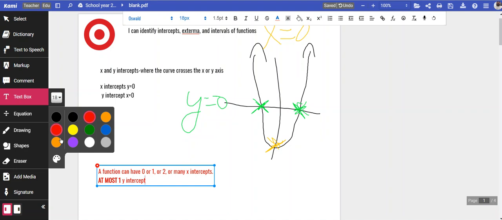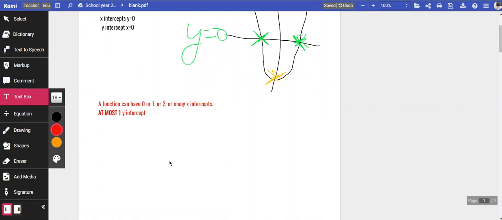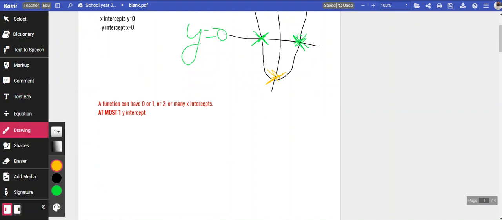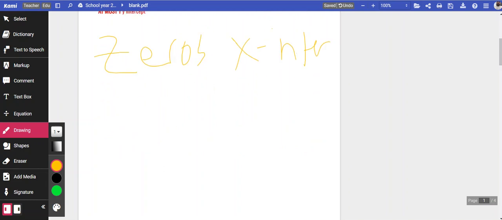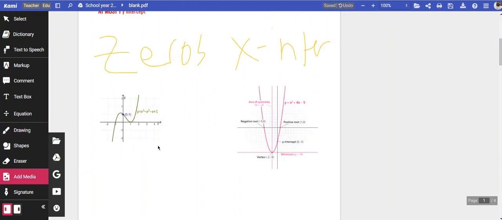Ideally, you want to think about some other things they talk about. When they talk about zeros of a function, that is the same as x-intercepts because the value is 0 when you do that. A nice thing about that is you can look at curves and they will show you the zeros.